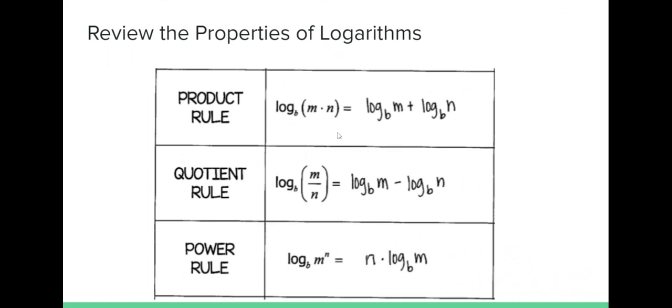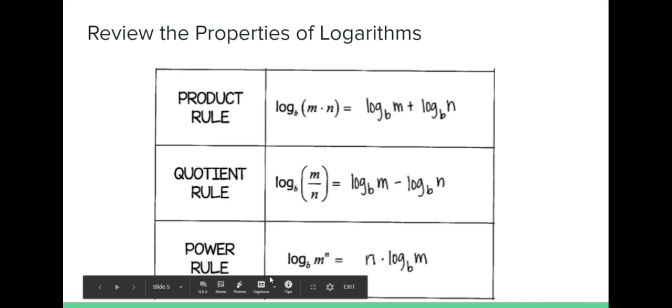When we multiply logs, we end up adding them together. Then there's the quotient rule: when we divide log base b of m divided by n, we can expand it to be log base b of m minus log base b of n.